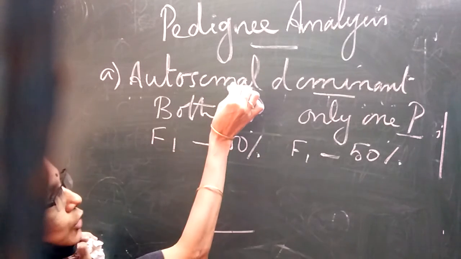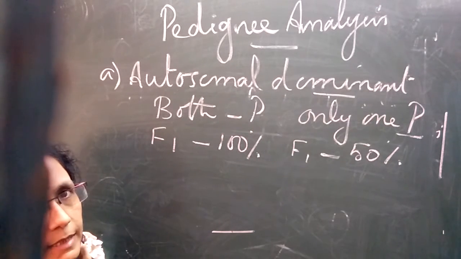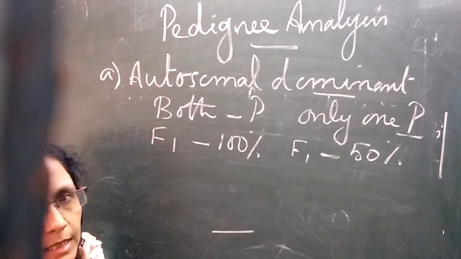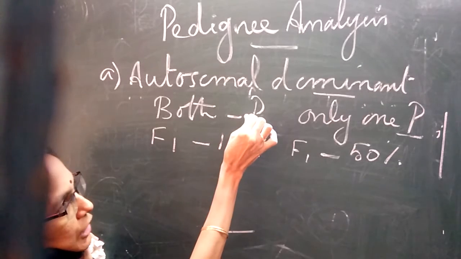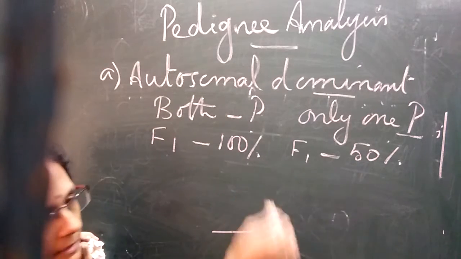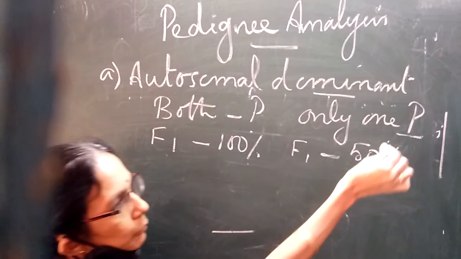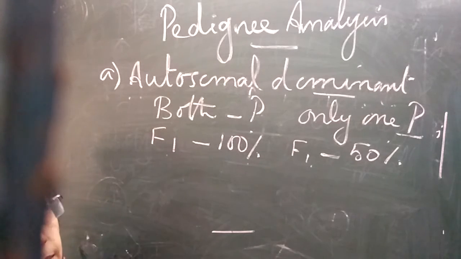So, in case of autosomal dominant disorder, it cannot skip over generation, both the sexes are equally affected, and if both parents are affected, F1 100% is affected. If only one parent is affected, 50% of F1 offsprings are affected.